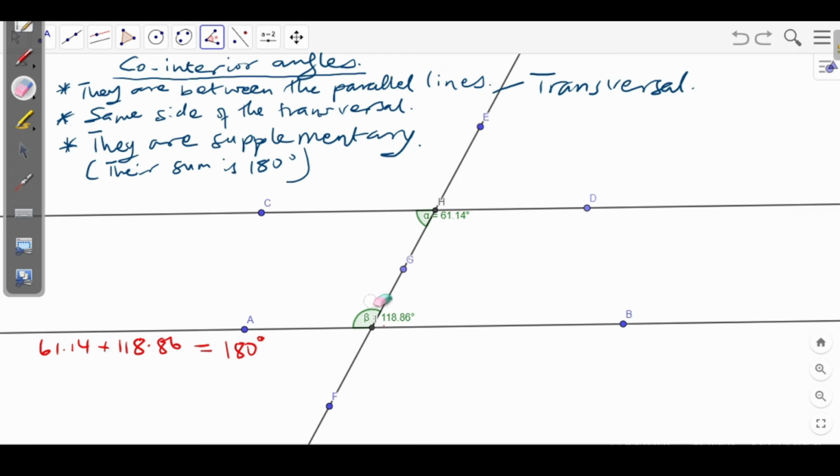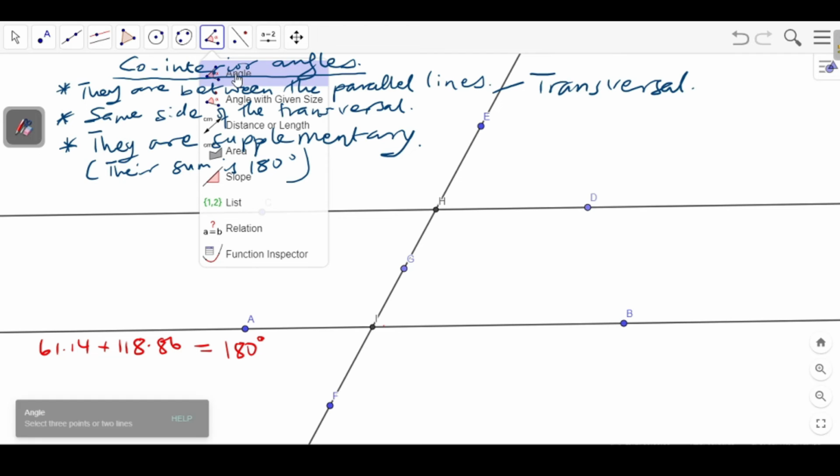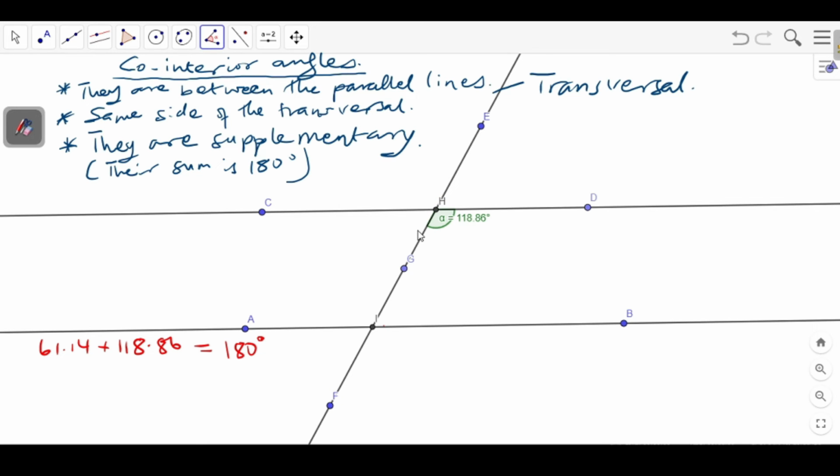Let me clean this one to avoid any distraction. So we take angle GAD, and that gives us 118.86, and then we take angle BIG, which also gives us 61.14.